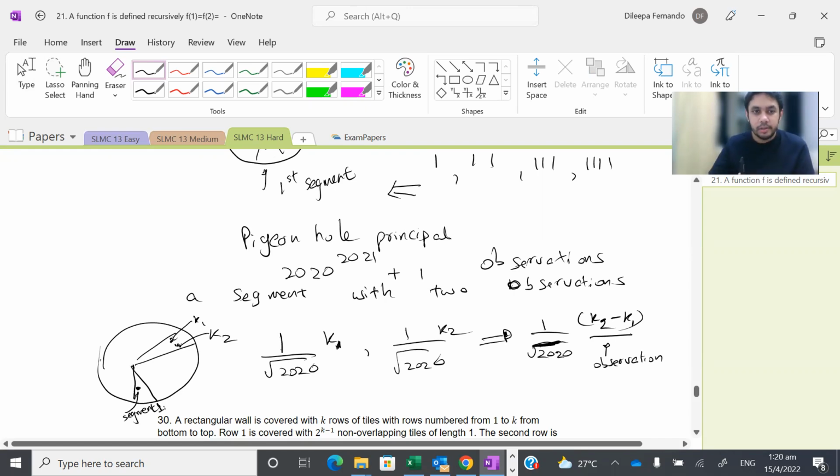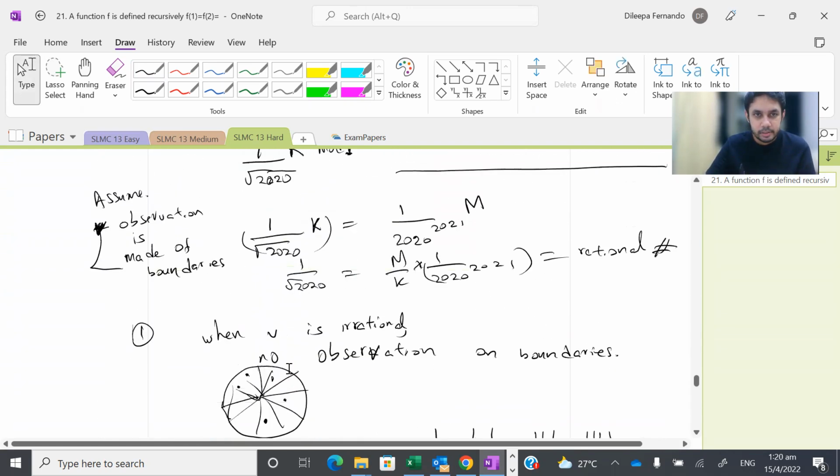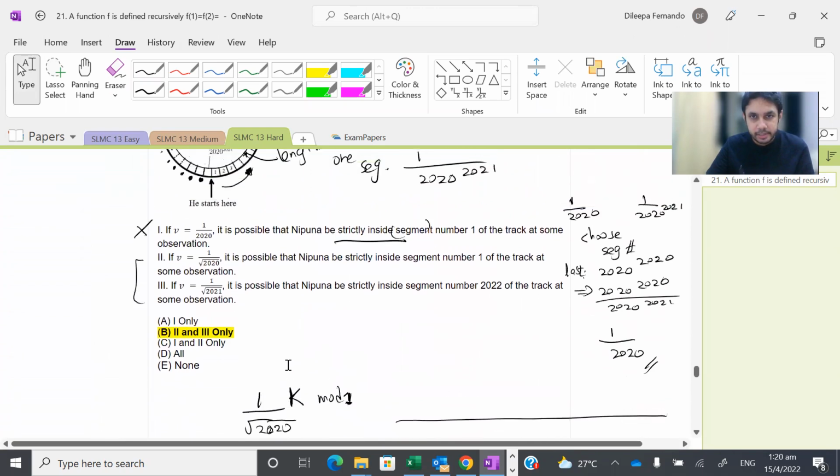Okay. Now statement 2 is correct. Now what about statement 3?